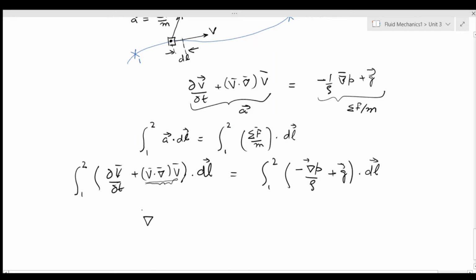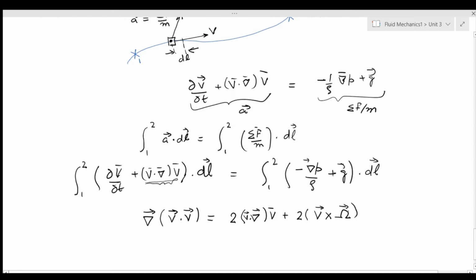For that, I know this vector relation: del of V dot V is equal to 2 times V dot del V plus 2 V cross vorticity.